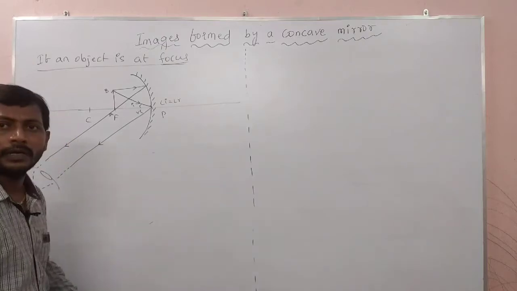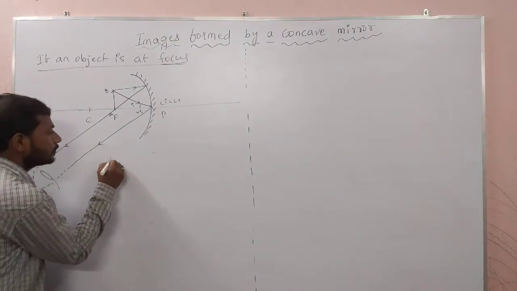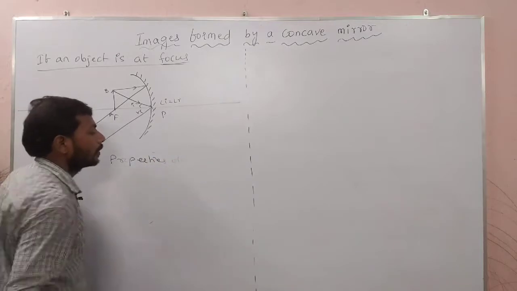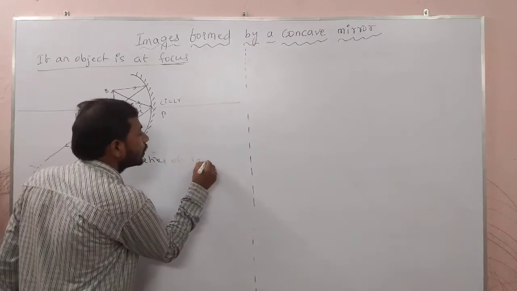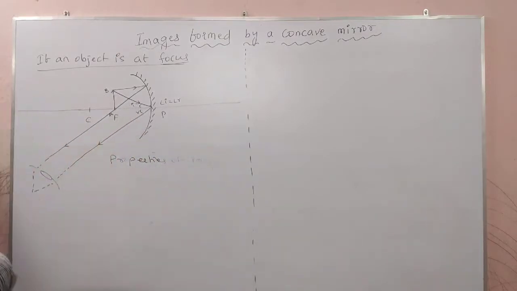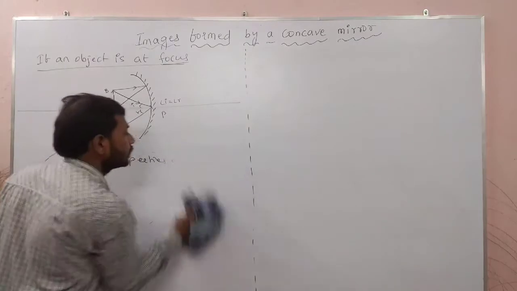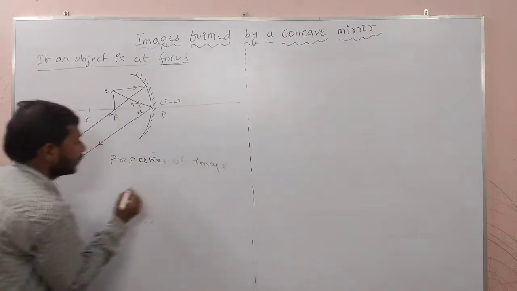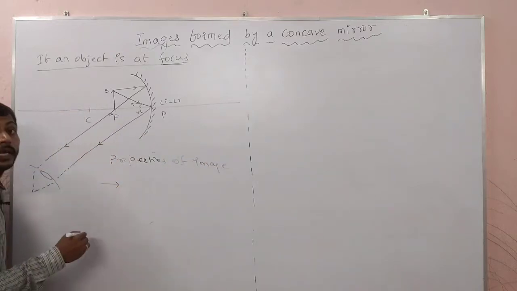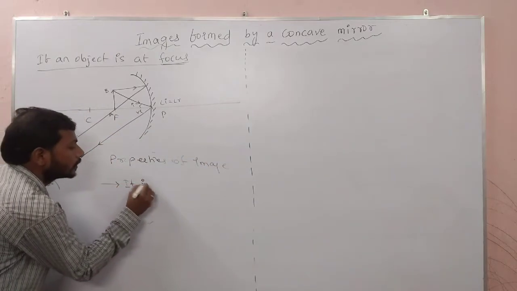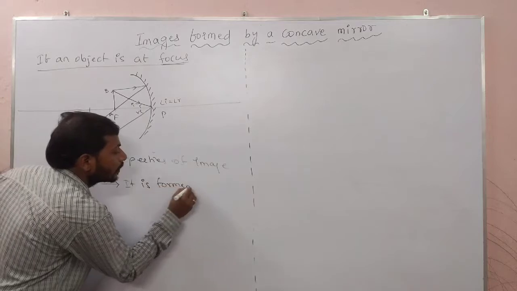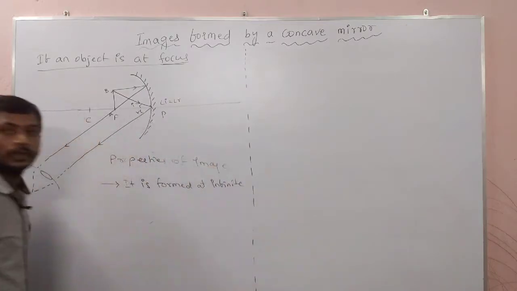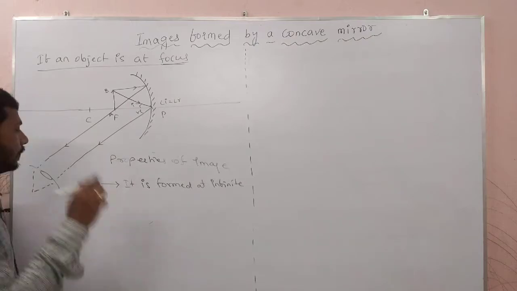So please write the properties of the image. Properties of an image. I am writing there. The first one is, it is formed at infinity, which means we are unable to see it.